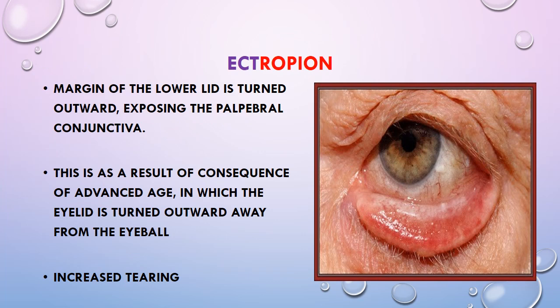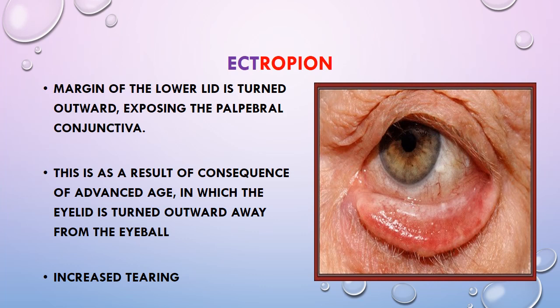Ectropion. So this one, the margin of the lower eyelid is turned outward. Outward. Ectropion. Outward. Exposing the palpebral conjunctiva. So this is a consequence of advanced age.